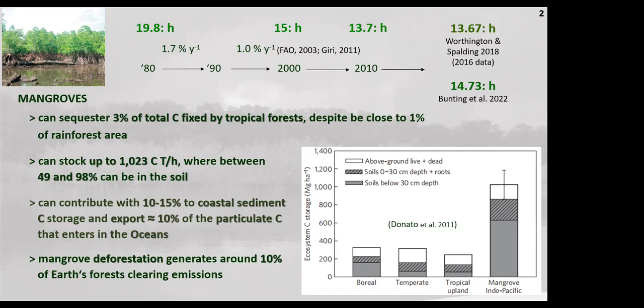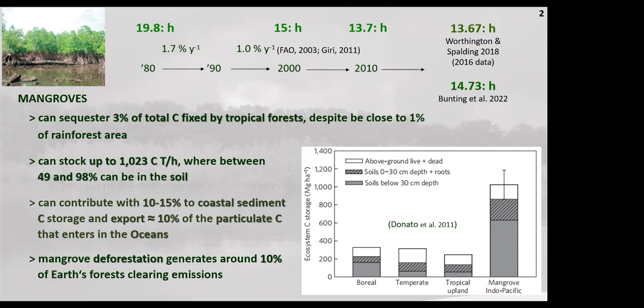And as you can see here in this graphic from Donato and colleagues, several different forests are compared: boreal forest, temperate forest and tropical upland forest, compared with mangroves. And you can see that most of the carbon deposit of mangroves is in the soils. So mangroves can stock huge carbon amounts because they store carbon in the forest, in the vegetal tissue, and also in the soils.